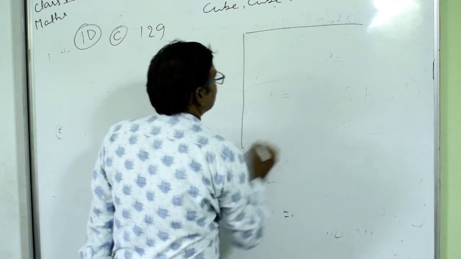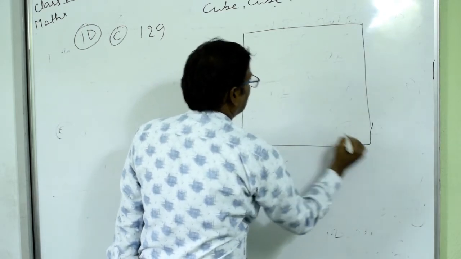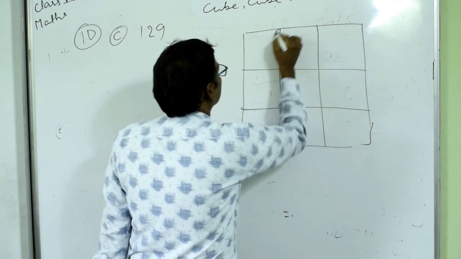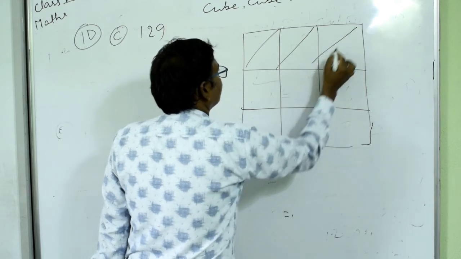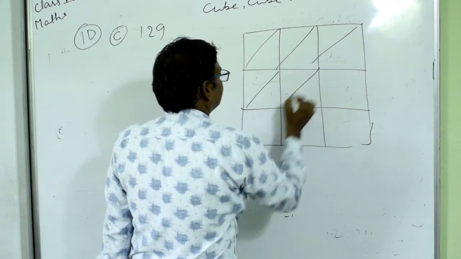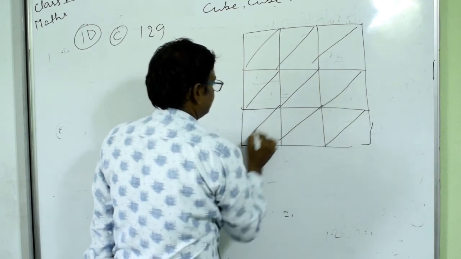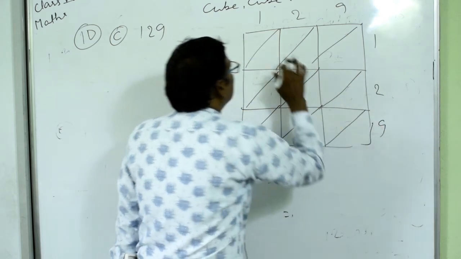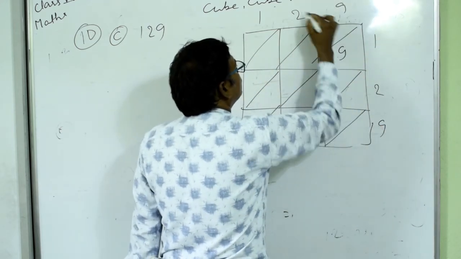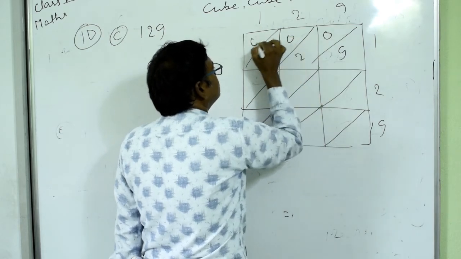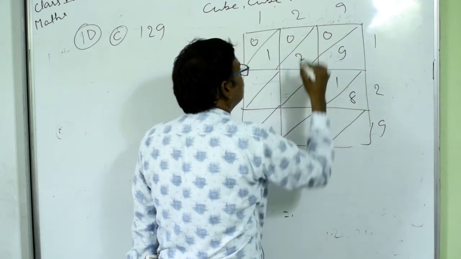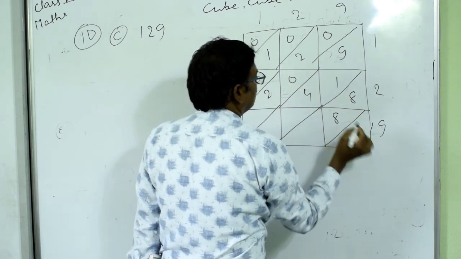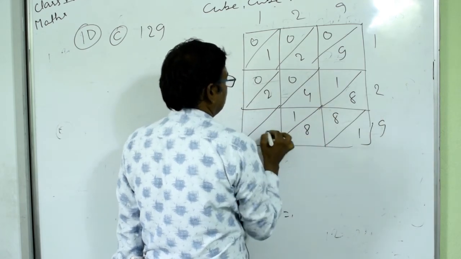So draw a square and then divide it into 9 equal parts. So write here 1, 2, 9, 1, 2, 9, then 9 ones are 9, 0, 2 ones are 2, 0, 1 one is 1, 0, 9 twos are 18, then write here 2 twos are 4, 0, 2 ones are 2, 0, 9 nines are 81, 1 here, 8 here, 9 twos are 18, 1, 9 ones are 9.